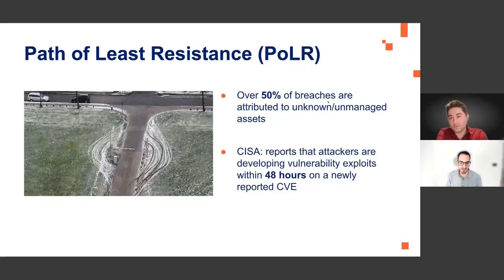So if you ask most analysts today, and even CEOs and leaders at endpoint companies and incident response companies and others, they'll tell you that most breaches today are attributed to unknown and unmanaged assets.